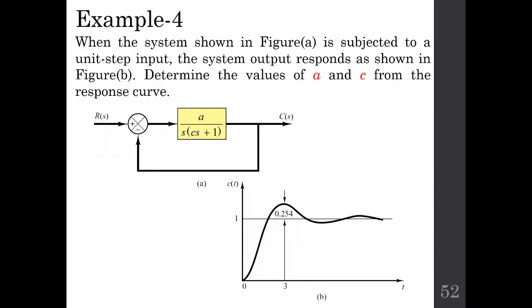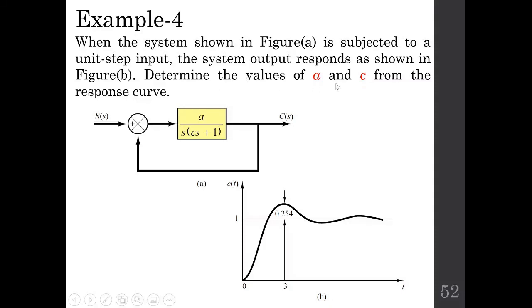Let us solve another example related to the time domain parameters of a second order system step response. The statement of the question is, when the system shown in the figure below is subjected to a unit step input, the system output responds as shown in figure B, which is given here.